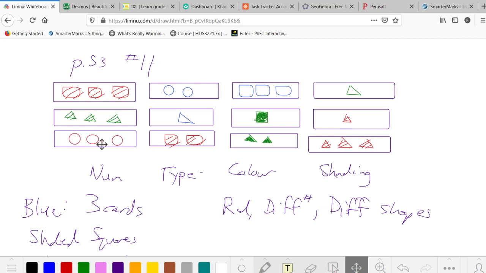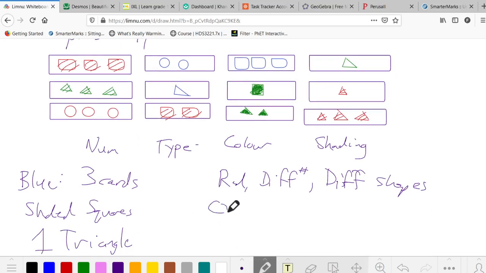So therefore, this is the circle card. We have to have a different number of shapes on it. So then we'd have to have another red card with 2 and a red card with 1. The only other red card with 2 shapes is with the shaded squares. The only other red card with 1 shape is the single triangle. So that is another 3 card set.